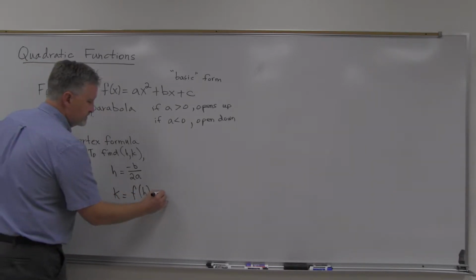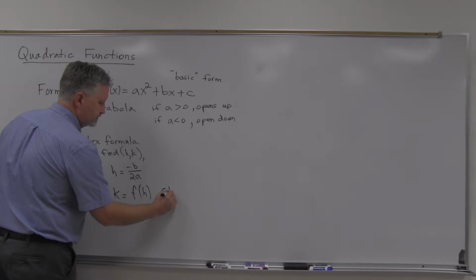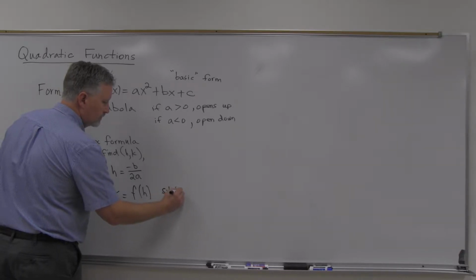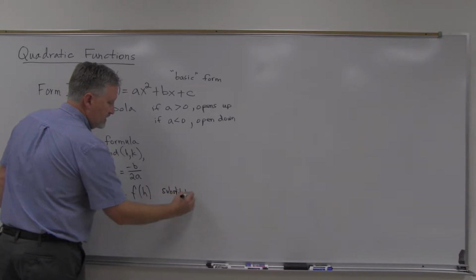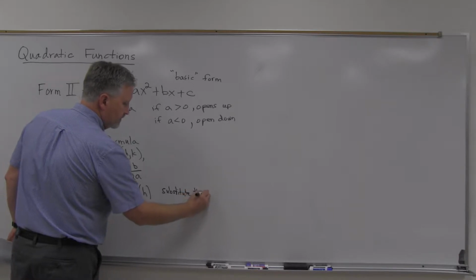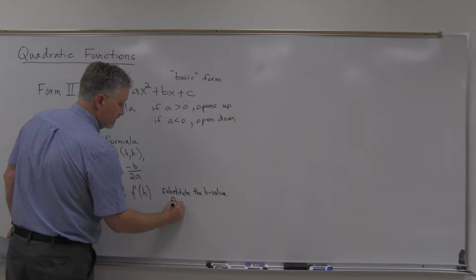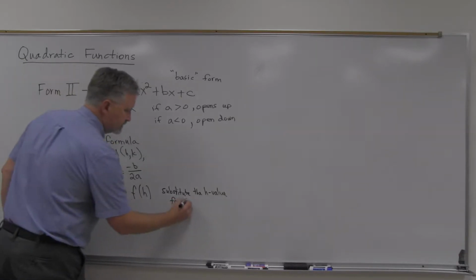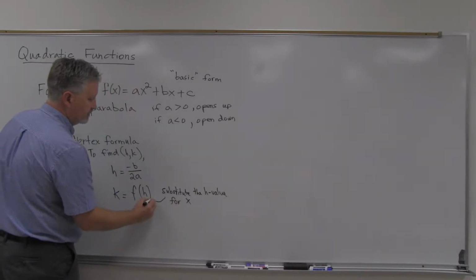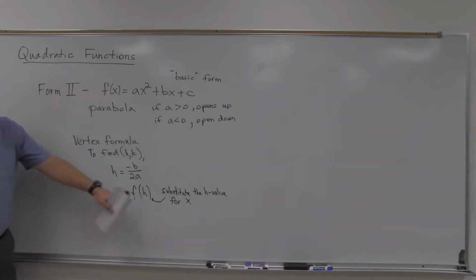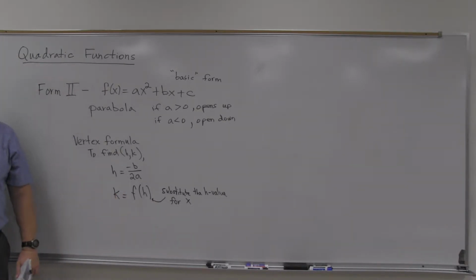That just means we're going to substitute the h value for x, and that'll be what my k value is. That's what that means, right? Substitute the h value for x and evaluate that, and that'll be your k. All right? Make sense?